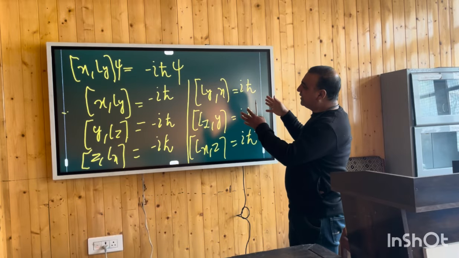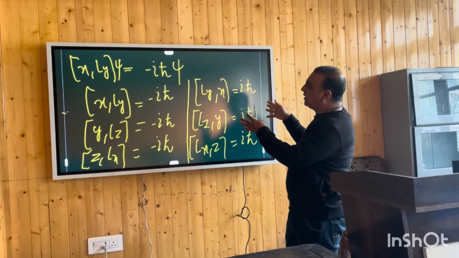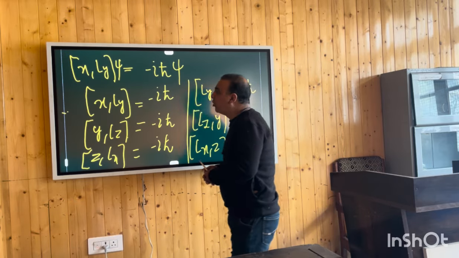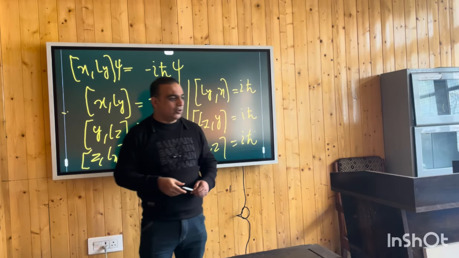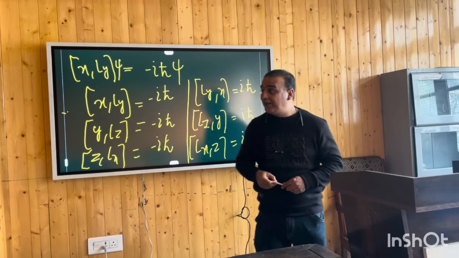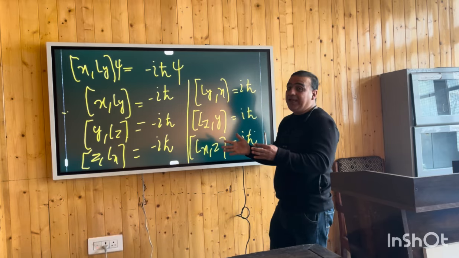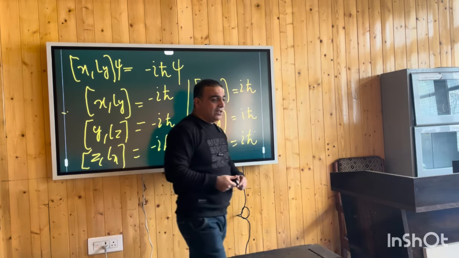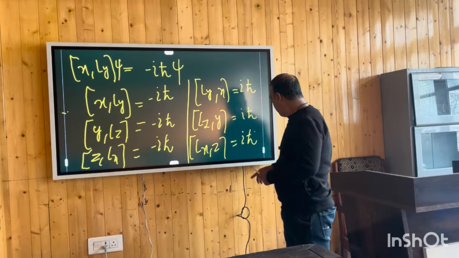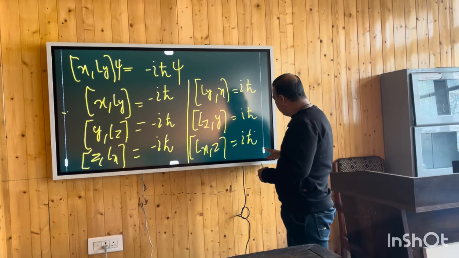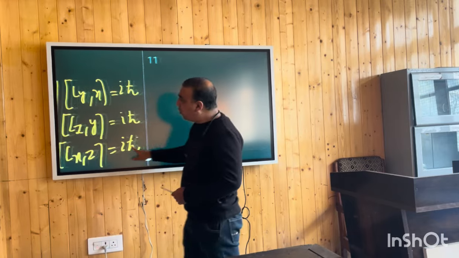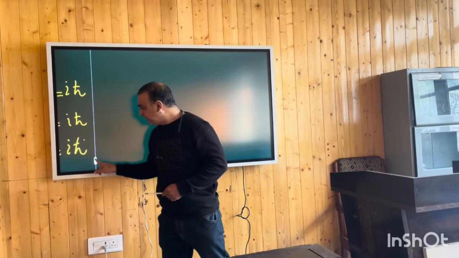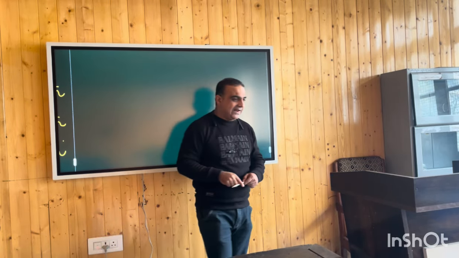So these operators do not commute in those directions, and can be generalized as the basis of Heisenberg's uncertainty principle for these pairs. Now, in a similar fashion, we would like to go for more calculations, but we will not proceed from here.